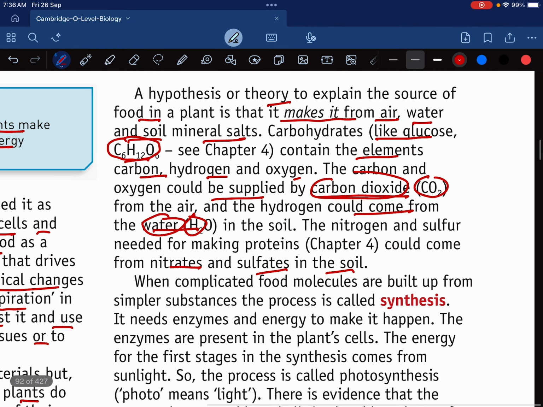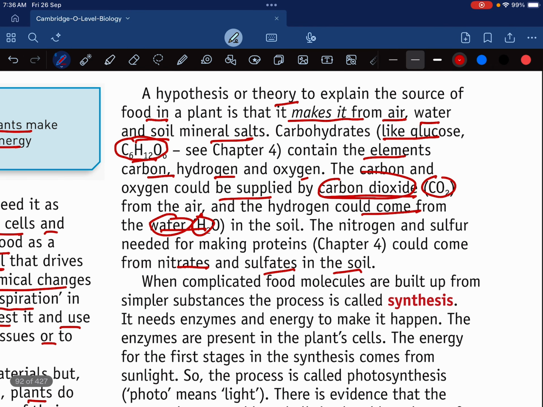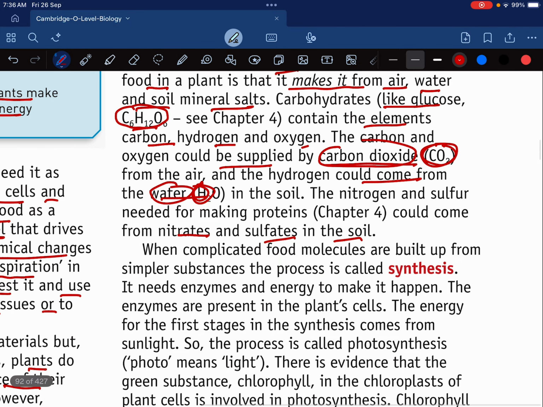So basically what they're saying is, from the air, carbon dioxide can be supplied, which gives carbon and oxygen, and from the soil, water can be absorbed, which gives hydrogen. And to make proteins, which have nitrogen and sulfur containing compounds, they can just absorb these ions from the soil, like nitrates and sulfates.